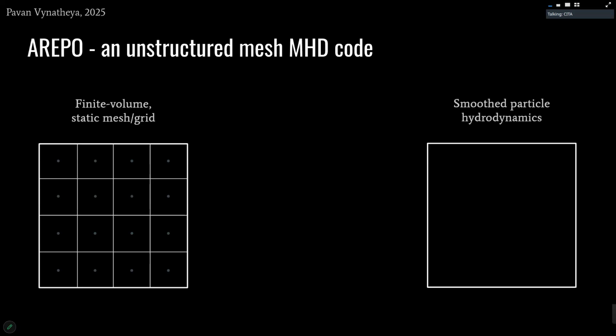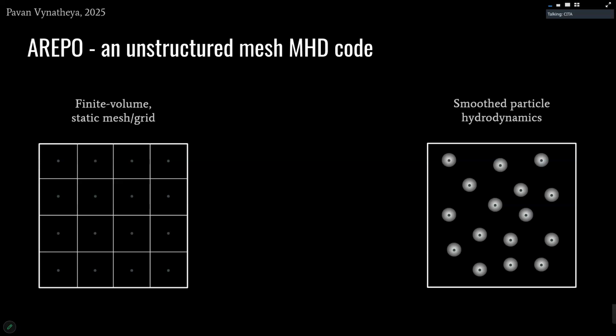Then you have smoothed particle hydrodynamics, a more Lagrangian approach, where the fluid moves with the particles. Each particle has a region of influence, a kernel, around it, and they interact through it.